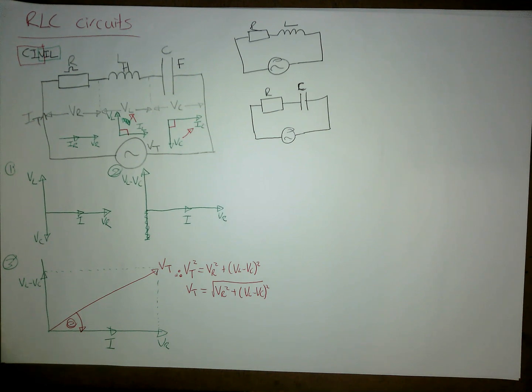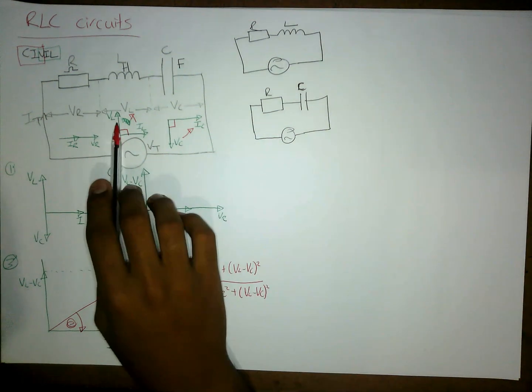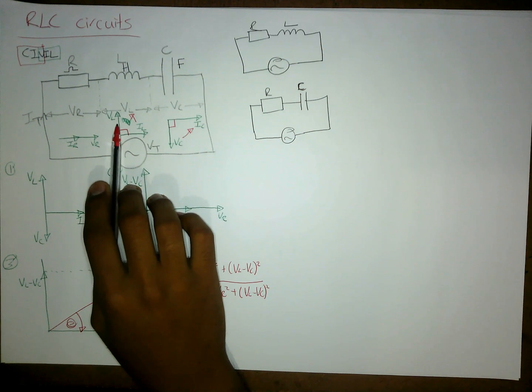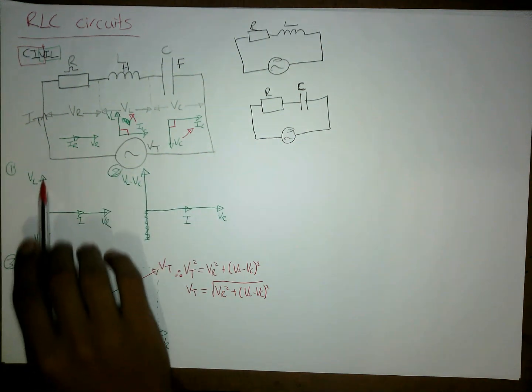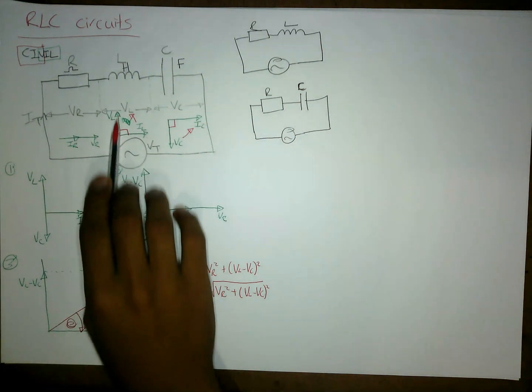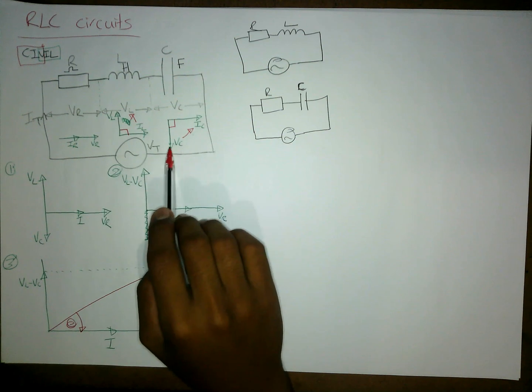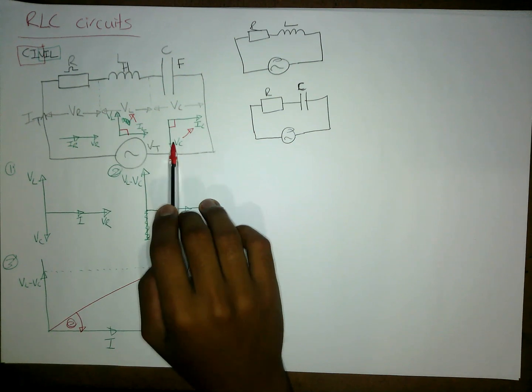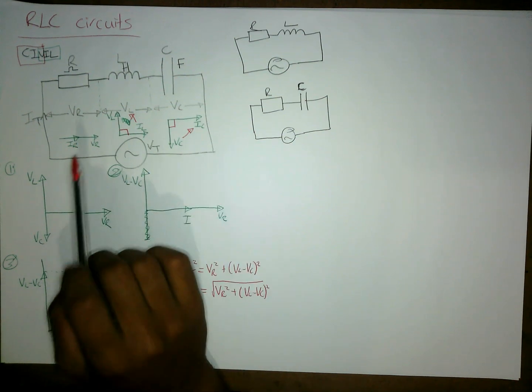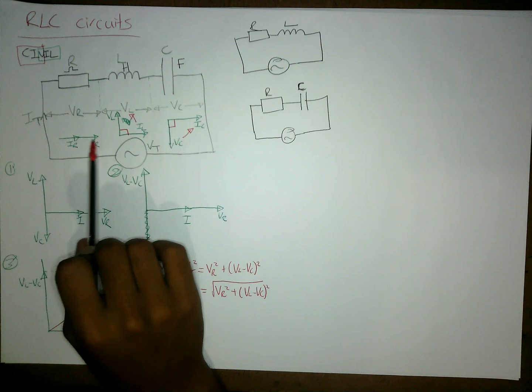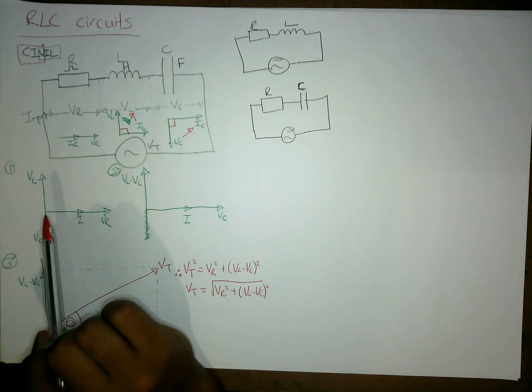As you can see here, the voltage of the inductor is on the top. The voltage of the capacitor is going under the graph, and the voltage of the resistor is in phase with the current.